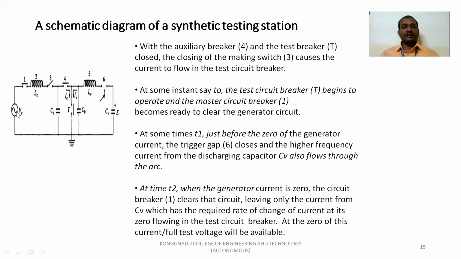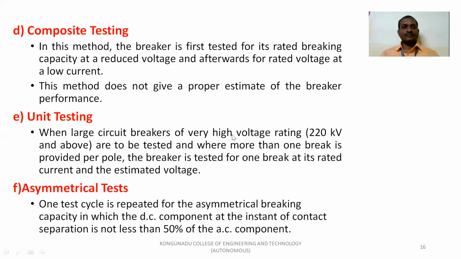After triggering the trigger switch 6, CV supplies the current to the test circuit breaker. Finally, only the current through the test circuit breaker remains, and when this current goes to zero, the total high rated voltage is applied across the test circuit breaker.